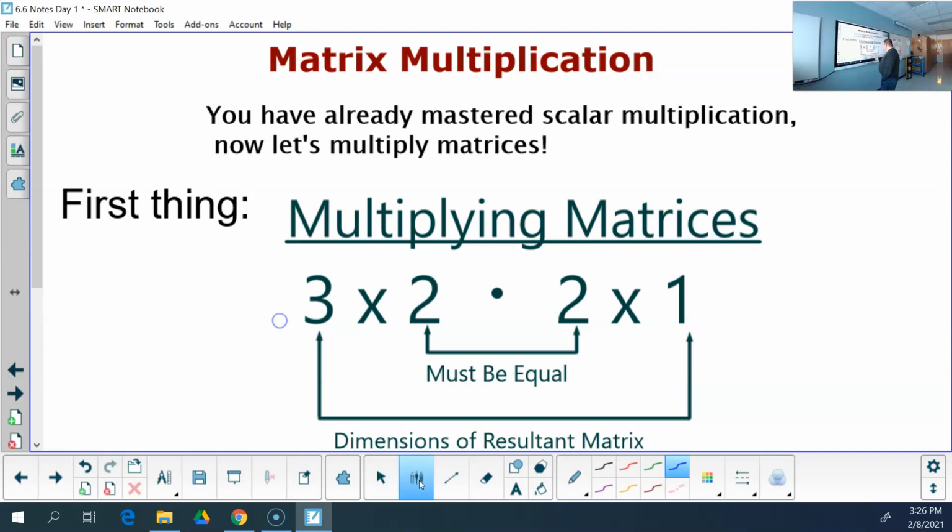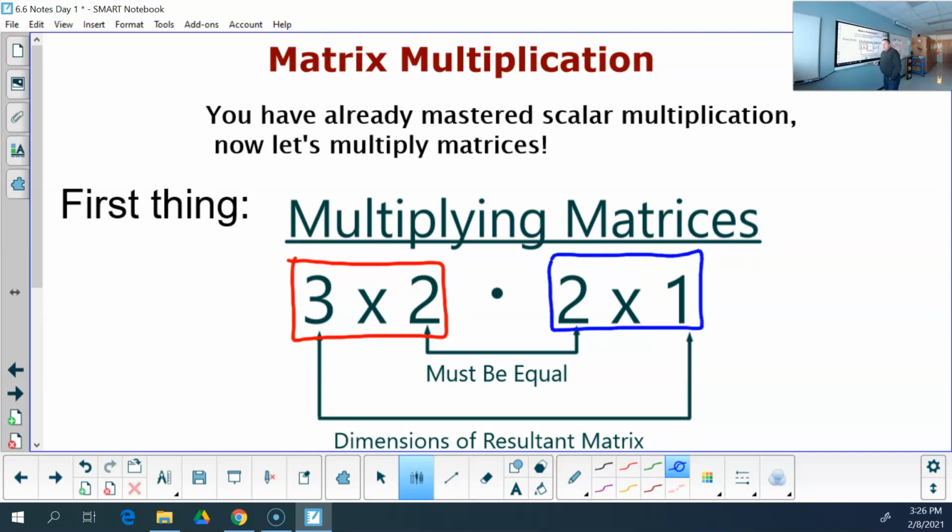So these would be the dimensions of the left matrix, the matrix on the left side of our multiplication. These would be the dimensions of the matrix on the right side. We can only multiply two matrices at a time. We can't do three at once.